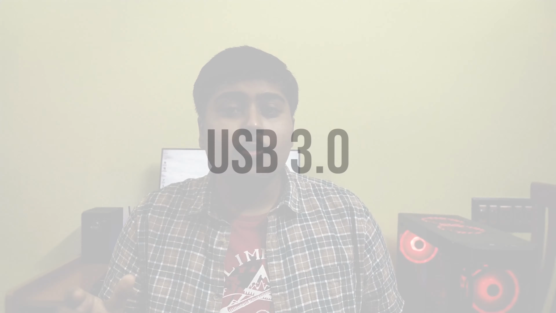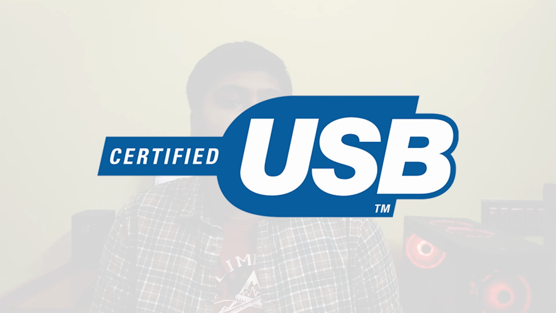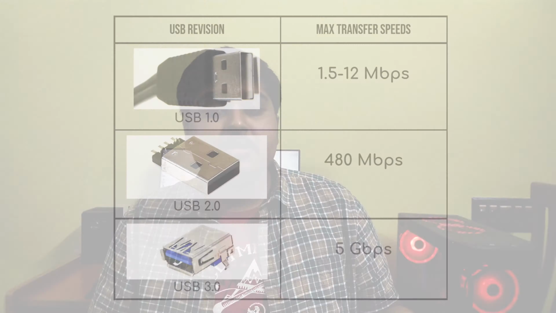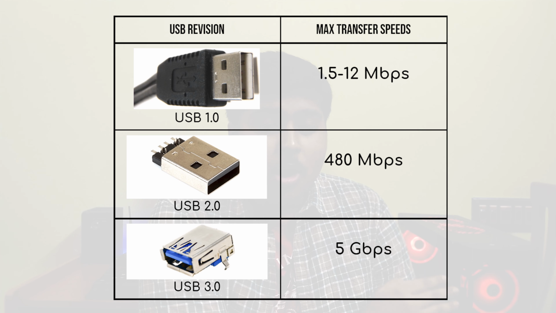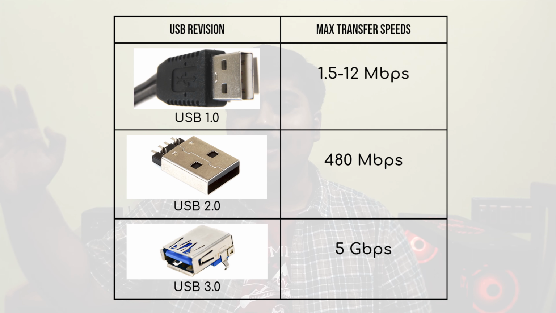USB 3.0 was introduced in 2008, and this is when the USB Forum messed up. Okay, let me go slow. USB 3.0 pushed the transfer speeds from 480 Mbps of USB 2.0 all the way up to 5 Gbps. Great job! But in 2014, a revision of USB 3.0 came out called USB 3.1, and this is when things got a lot worse.